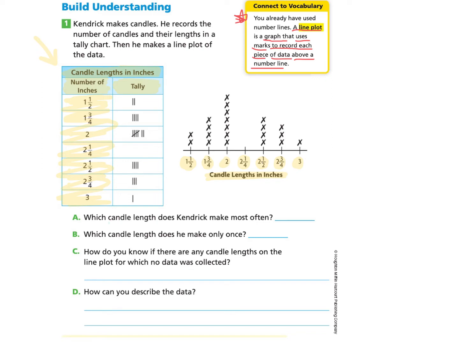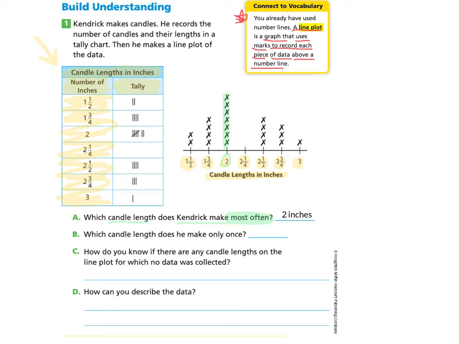So let's take a look at part A. Which candle length does Kendrick make the most often? So most often means that happens the most, right? I bet you can pause and answer this and come back to check your answer. But when you do, you'll find that the one that has the most is this one here, which is 2 inches.